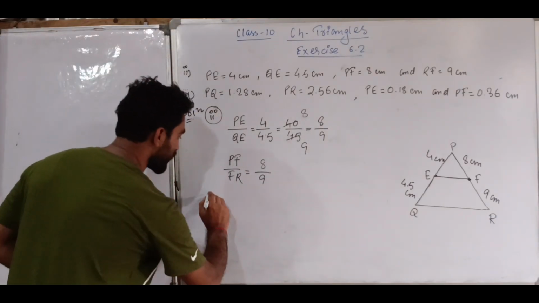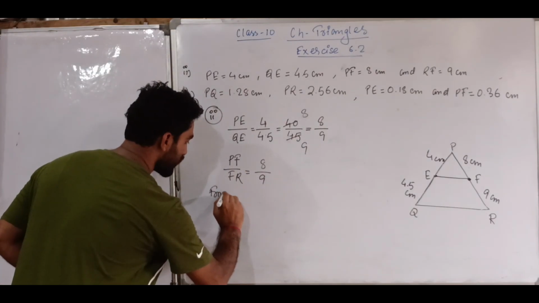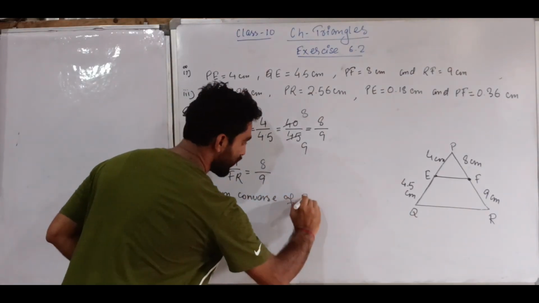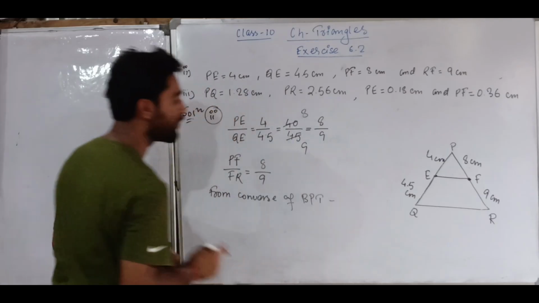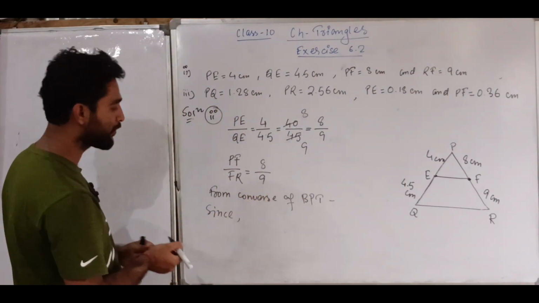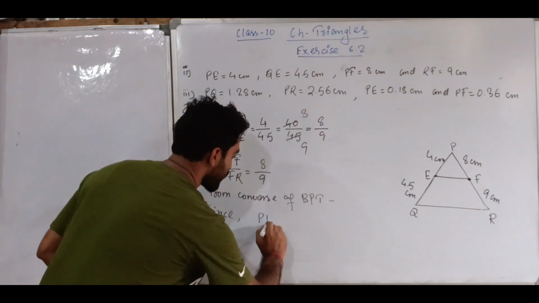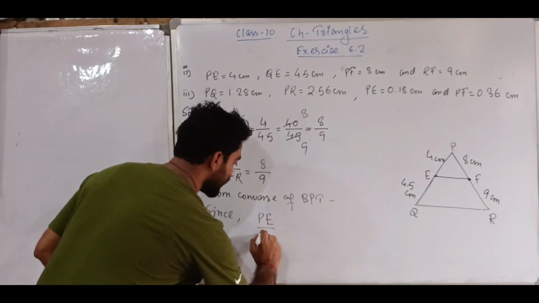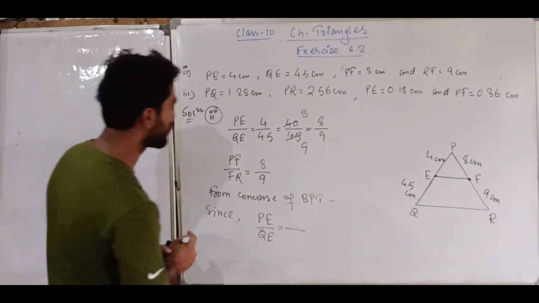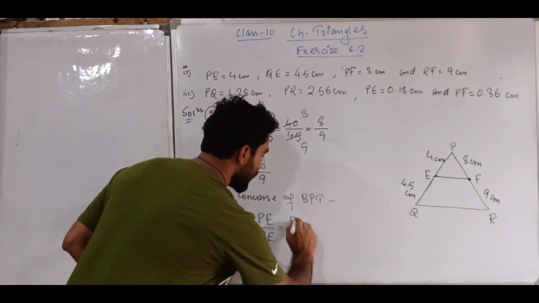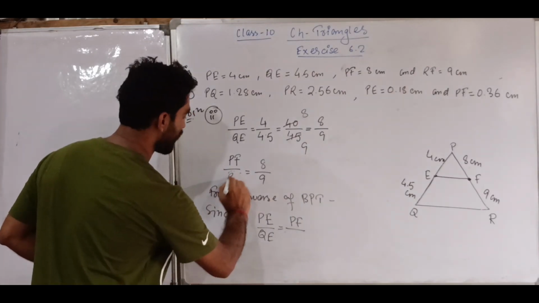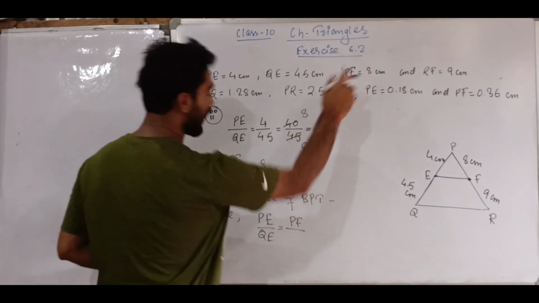So from the converse of BPT, what we can say? Since PE divided by QE is equal to PF, here in place of FR we can write RF, because in the question RF is given.